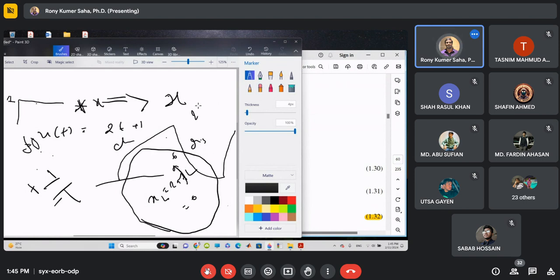We have 2πfL. You get the point? So this frequency, is it fixed or variable?